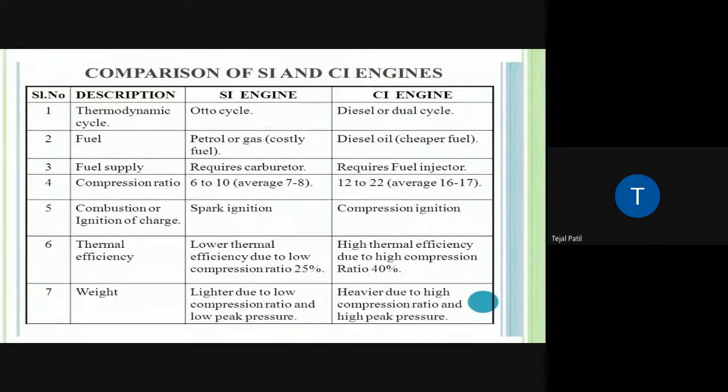So that's why it is not advisable to go beyond that. And that is the reason why the compression ratio in the diesel engine is more than in your petrol engine.